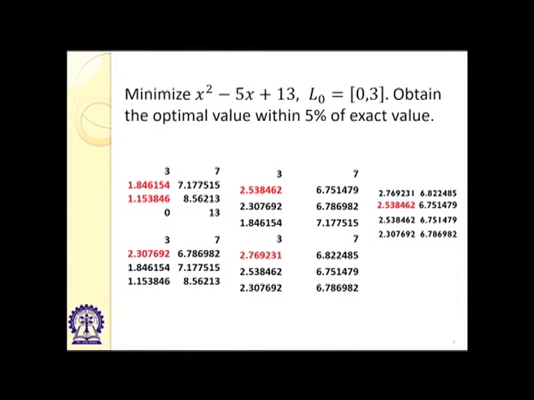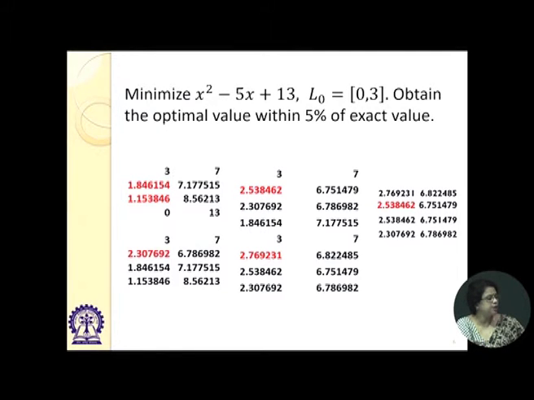And what is the trend? The trend is that here are the higher values. Since there is only one mode, we are sure the minimum cannot lie here. We will discard this interval 1.15 to 1.84.